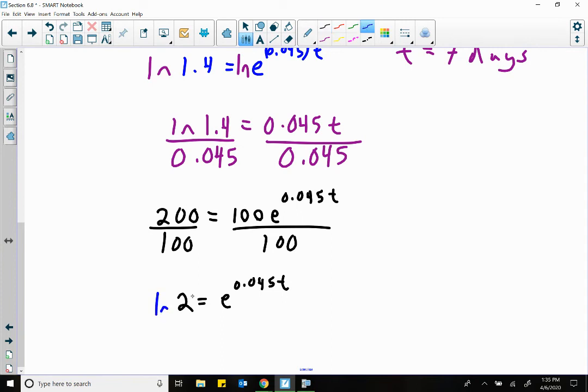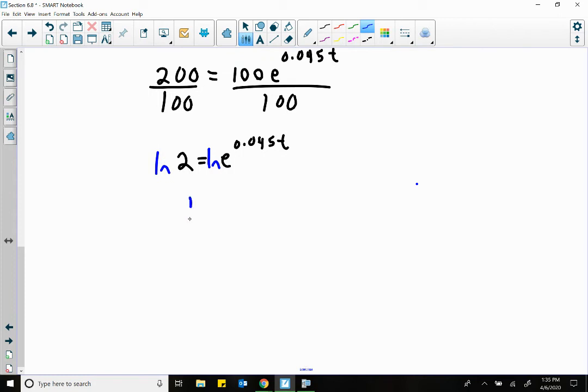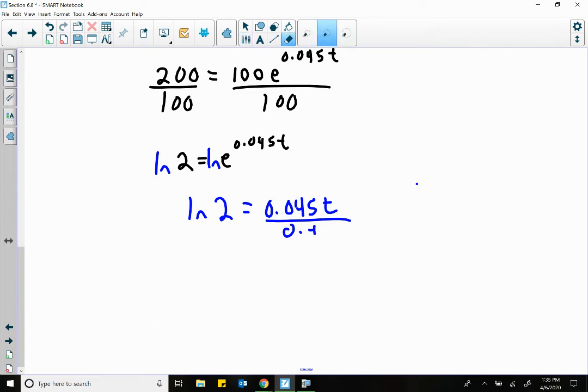So ln, ln, and we get ln of 2 equal to 0.045 t. Divide by the 0.045 again. And then we'll just go back to our calculator and we'll do the division.